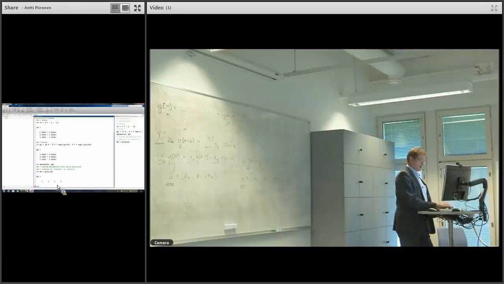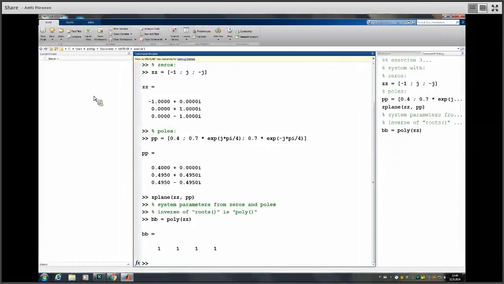Okay, and then the other system parameters, the A, which is the feedback term, that's the polynomial coefficients of a system with the poles like that.